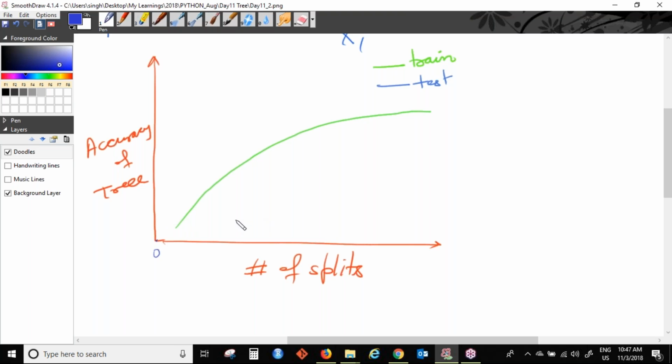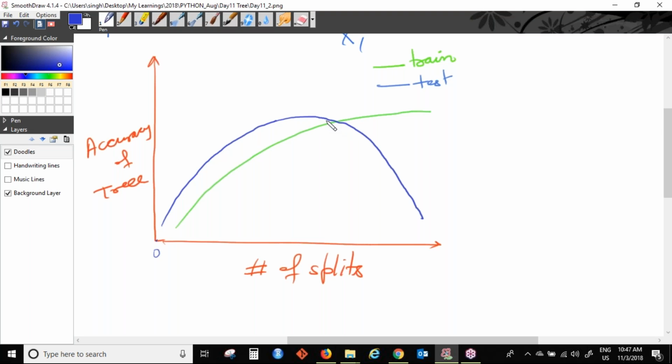As you increase the number of splits, the accuracy will increase. The accuracy will go on increasing, but after some point the model will start becoming complex. This is where the model starts to overfit, and then the accuracy will start falling. So this is how it will look for the test data. The model's accuracy will increase up to a point.